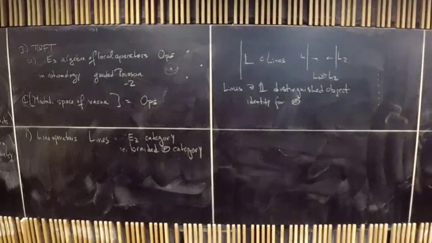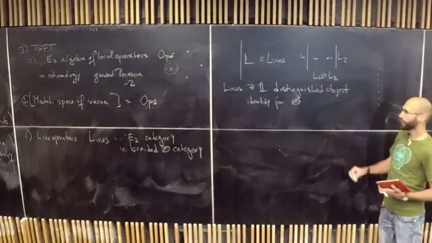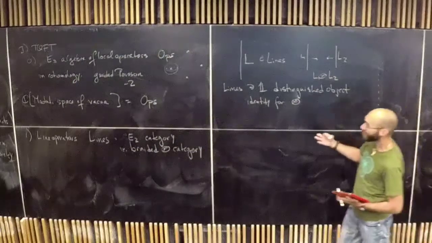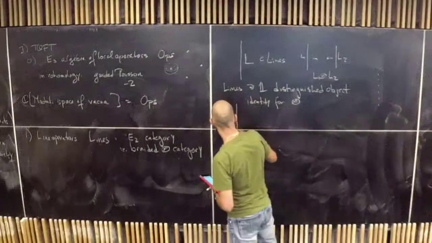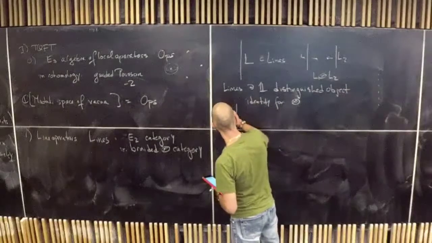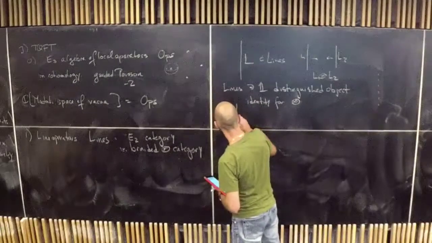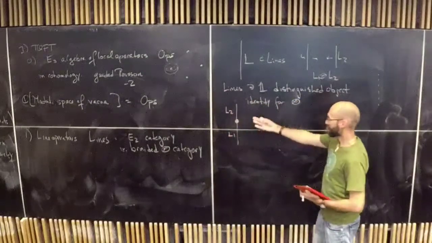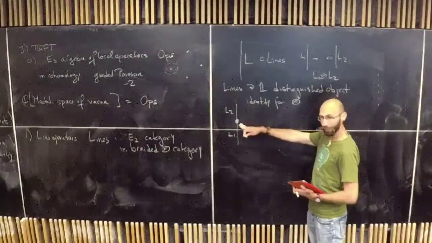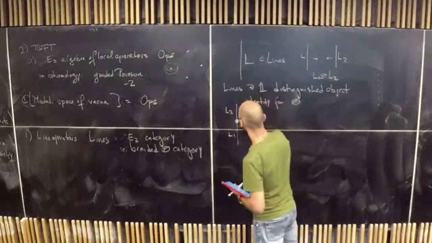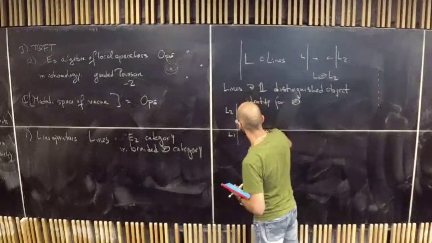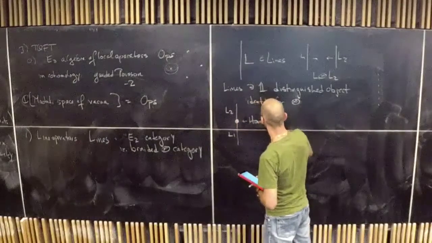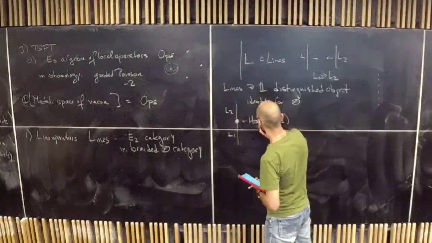Now, Hom in this category computes local operators sitting at a junction of two lines. So if I have L1 and L2, can ask about the vector space of local operators sitting at the junction, and that by definition is Hom.